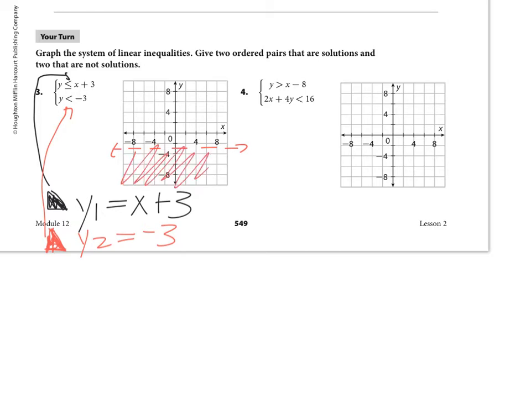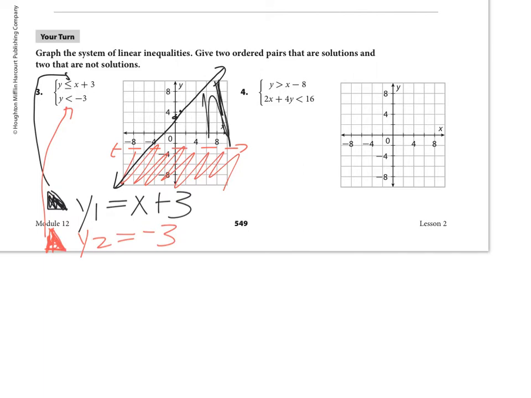I take the other line, y1 equals x plus 3, or y is less than or equal to x plus 3, so I start at 3. My slope is 1, so I go up 1, over 1. It's a little better. And then I draw a solid line because it is inclusive. Y is less than, so I shade below the line.